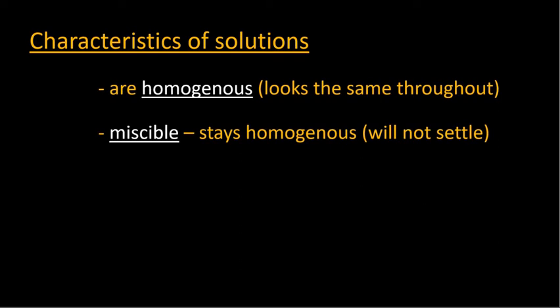That is not a solution. If you have a fine mud where clay particles are floating in the water and eventually it settles out, that is not a solution. Those are what are called immiscible. They do not stay homogeneous.